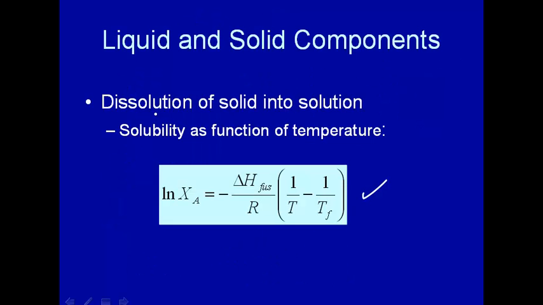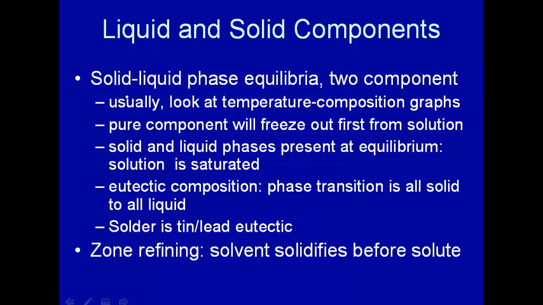Okay, well, let's go ahead. That's just a solid going into solution. But now let's look at solid-liquid phase equilibria. So now we have two components. It's a little different from what we had before. And again, just to clarify things, we'll draw our typical system here. We have two components.